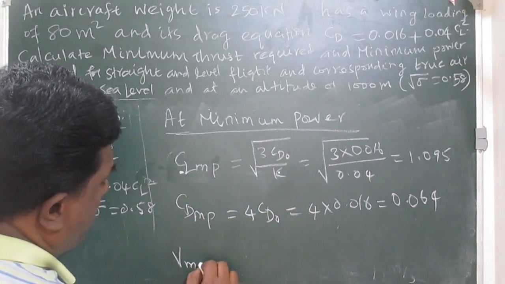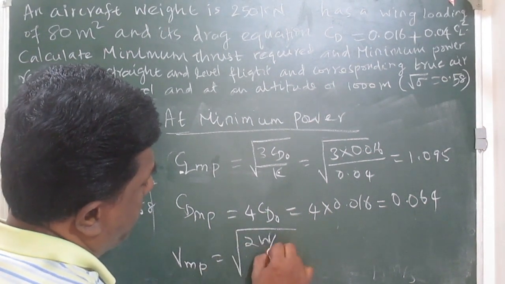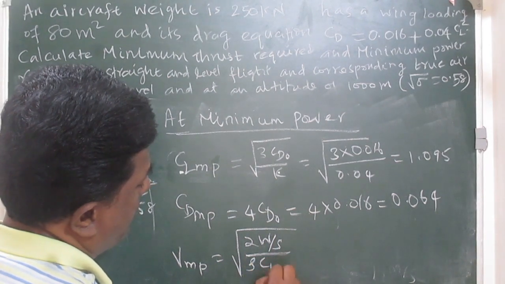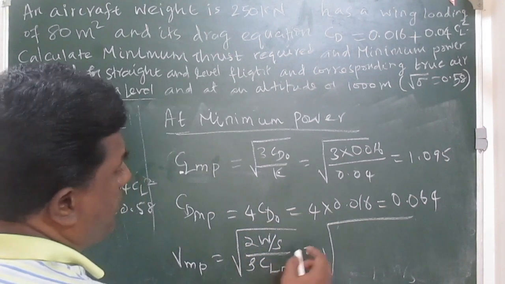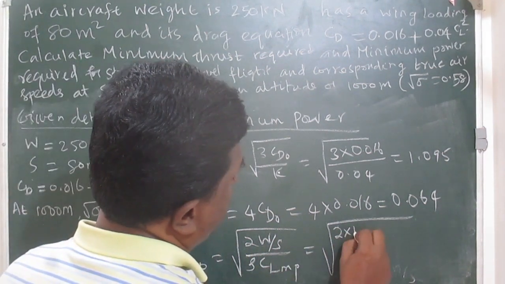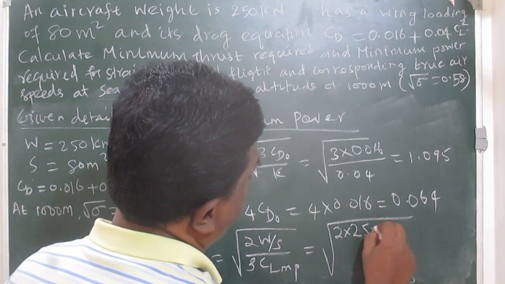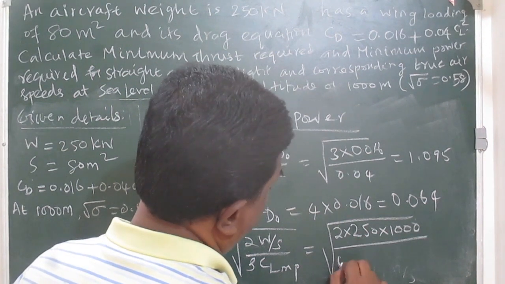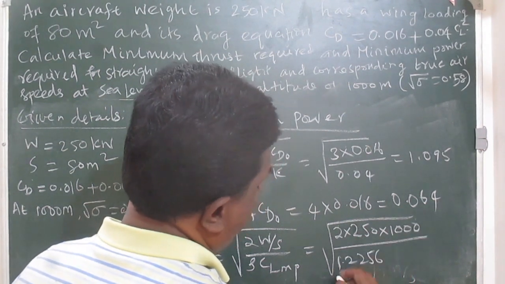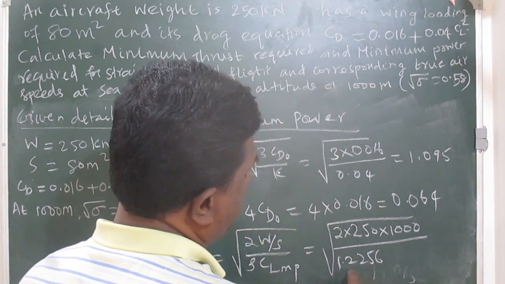Then velocity at minimum power is equal to square root of 2W by S by rho CL minimum power. So this is 2 into 250 into 1000, divided by 1.2256. In some books they may give this value as 1.226.